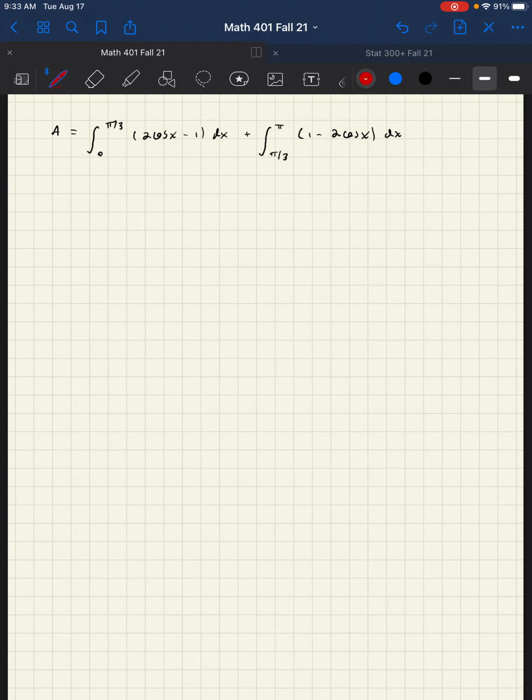Okay, so now how do we integrate this? So remember that we can pull the 2 out from the cosine of x, and the integral of cosine of x is sine of x. So simple sine rule. So remember that the integral of cosine is sine.